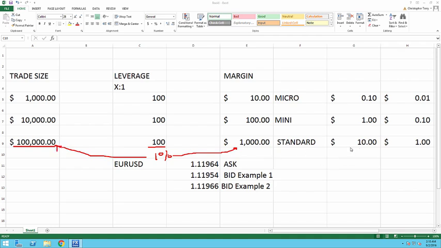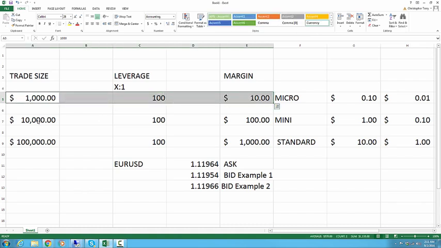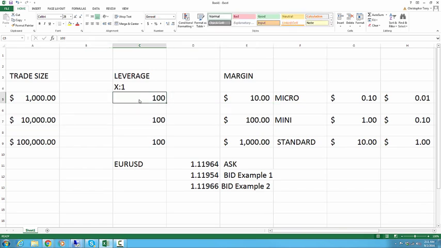But same thing applies when it moves up or down 1 pip. So the pips stay the same, and pipettes, it's the deposit that's important. So here, this is considered a 100 to 1 leverage, or 1 to 100 leverage. If we look at the mini, $1,000 is controlled by $10. $10,000 is controlled by 100. Amazing leverage in the Forex market.